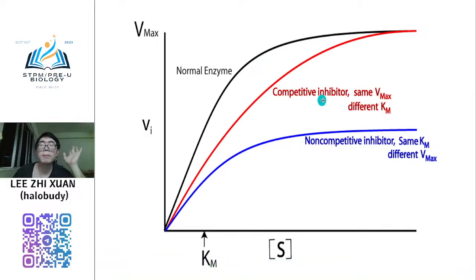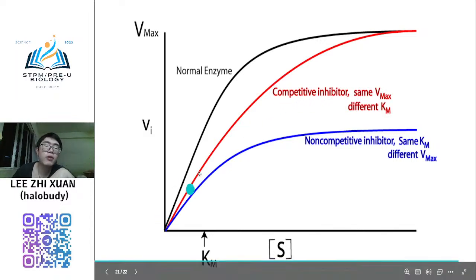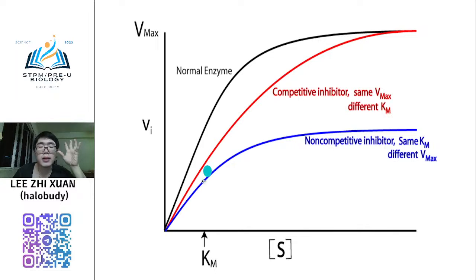But for the competitive inhibitor, let's say there are 20 competitive inhibitors binding to the enzyme. That means at the initial time only 80 enzymes work, and the 20 are blocked and cannot work.